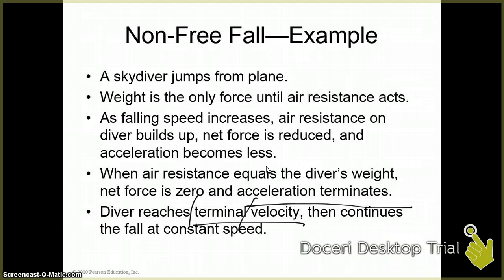Your speed isn't going to increase anymore. So when we experience non-free fall, your speed doesn't just increase and increase and increase. It increases up to a certain point and then it terminates. Then it just continues at that speed because you're no longer accelerating. The air resistance has canceled out the force of weight.